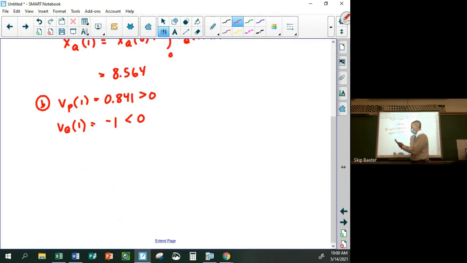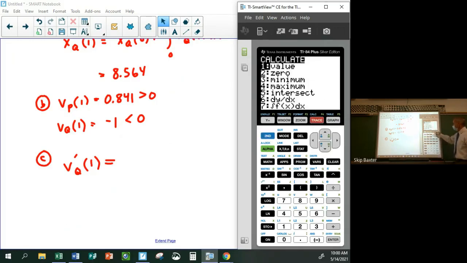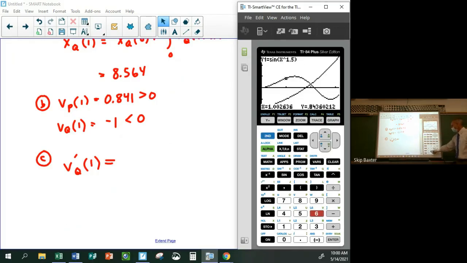Part C says, find the acceleration of Q at time t equals 1. So that would just be the derivative of vQ at 1. That's all you have to do is just say that, right? So that would be second calc dy/dx at 1.